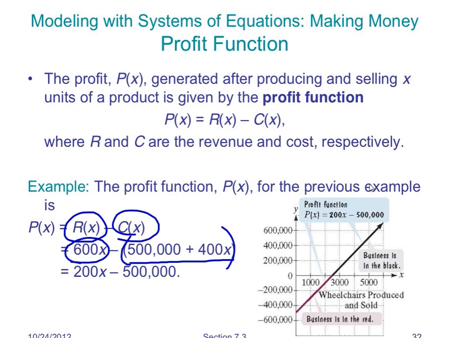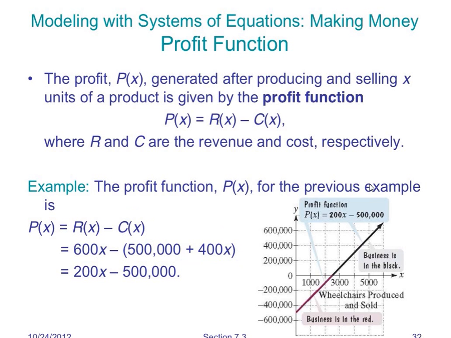You're subtracting the entire function. That means you have to put parentheses around it and distribute the negative. And simplify, we get 200x minus 500,000. That will tell us how much profit we'll make for the number of wheelchairs we make.